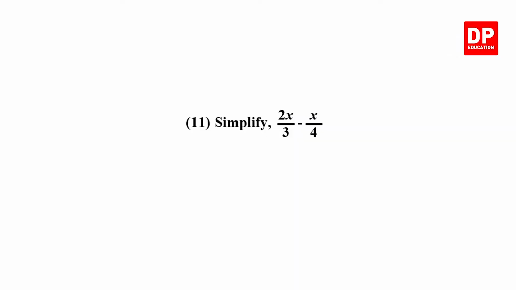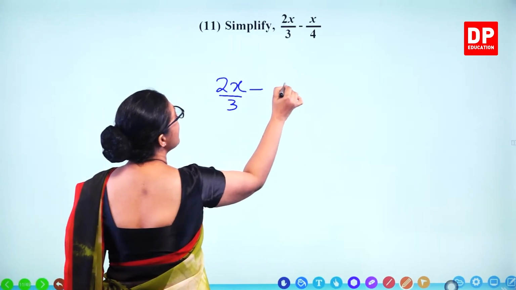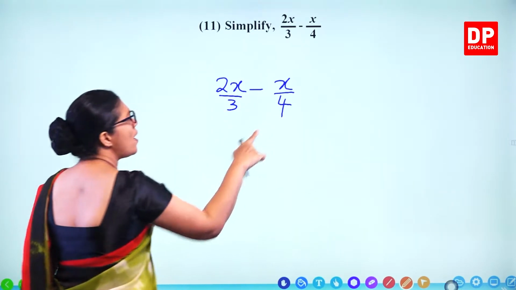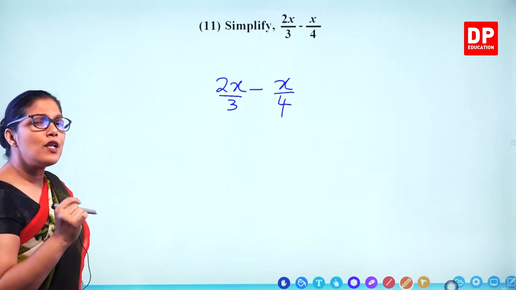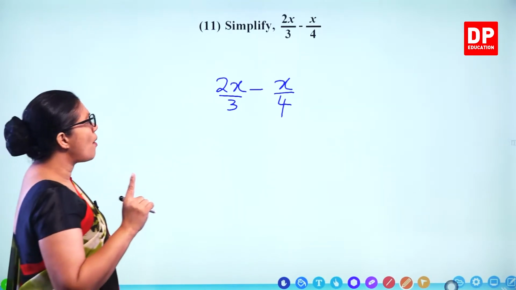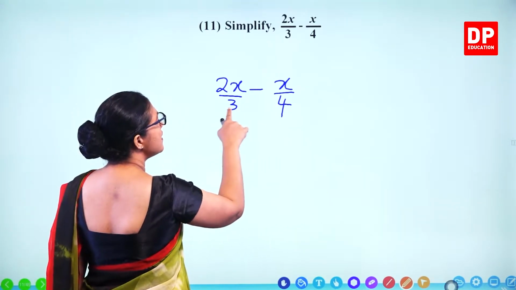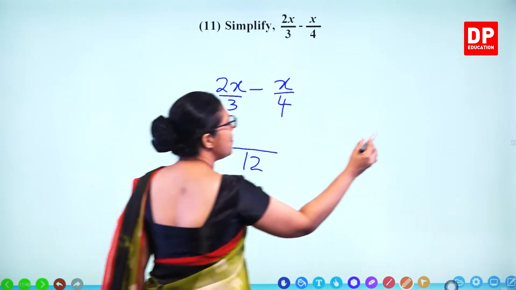Question number 11. Simplify 2x over 3 minus x over 4. Can you do that at once? No, because the denominators are different. Find the lowest common multiple of 3 and 4. So lowest common multiple of 3 and 4 is 12. How you do that? Can you remember?